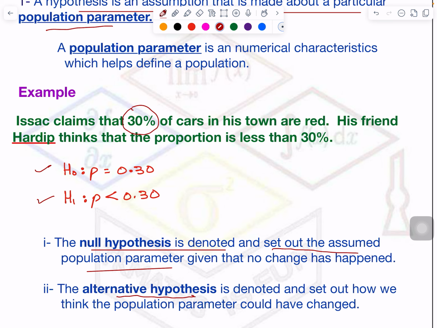If somebody says no, it is not 30%, it is less than 30%, or more than 30%, or somebody just says it is different, there is a change in it, then we use these symbols: one for more, one for less, and one for different. In this case, for the alternative hypothesis we are using the less-than symbol because Hardeep thinks that the proportion is less than 30%. But the null hypothesis is always equal to, and the alternative hypothesis is always one of these, because it is talking about the change which is expected.